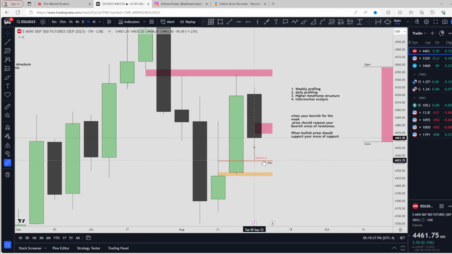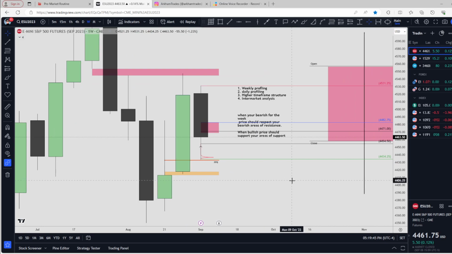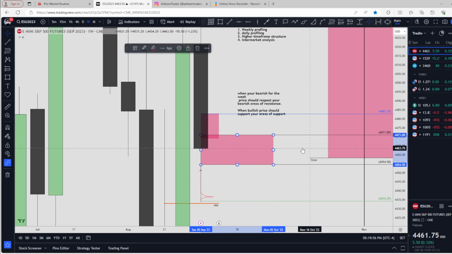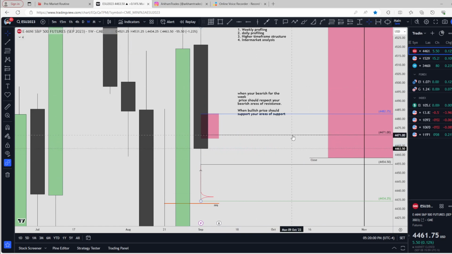If we take this fib right here from low to high, price then stops right here, 20 to 30% of the entire candlestick is where price stops. That's TGIF.